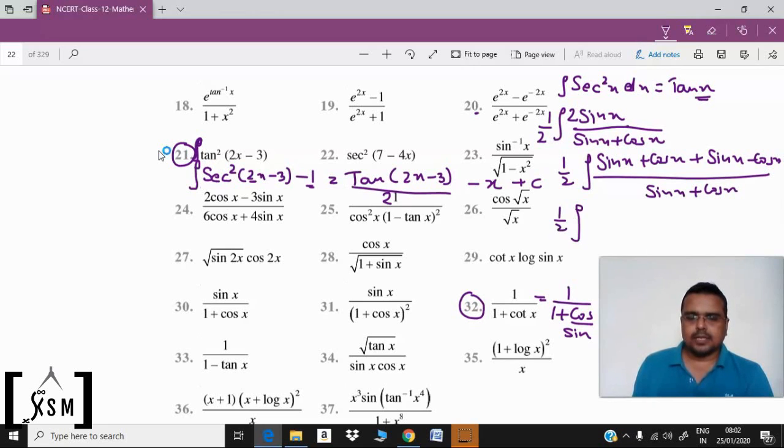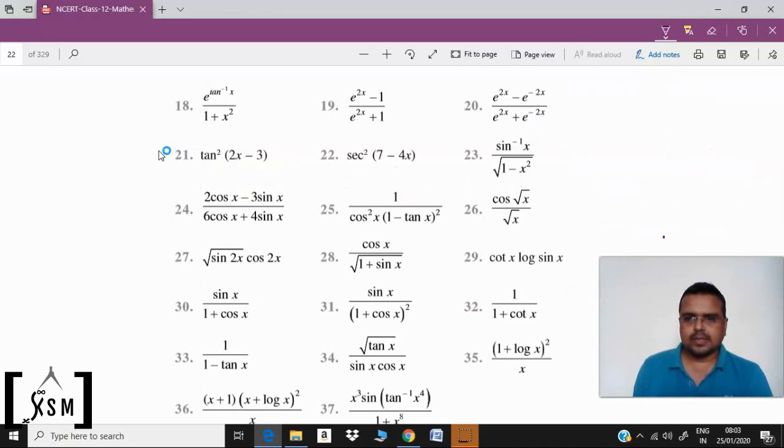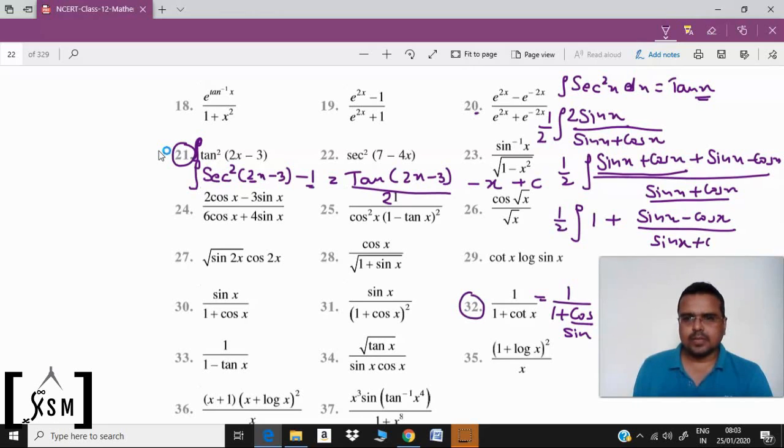That gives the integration of sin x plus cos x all over sin x plus cos x, which is 1, plus the rest we will write like this: sin x minus cos x over sin x plus cos x. So after we have got this, we'll integrate it like this.